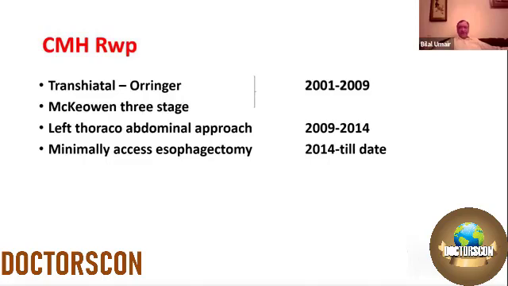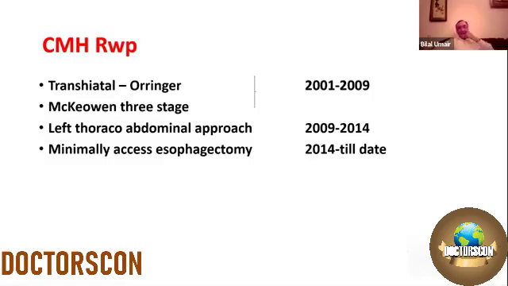Then after 8 years or so, as it happens in the military, the regime changed, and we went on to the left thoracoabdominal approach, popularized mostly from our end, inspired by our KPK colleagues who do a large volume of esophageal resections.